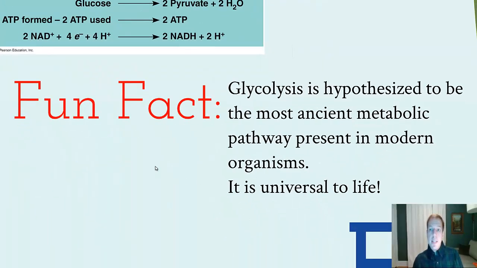Now, glycolysis is universal to all forms of life, and it's thought to be one of the most ancient metabolic pathways. Certainly the first cells on Earth would have needed some way to extract energy from nutrients.